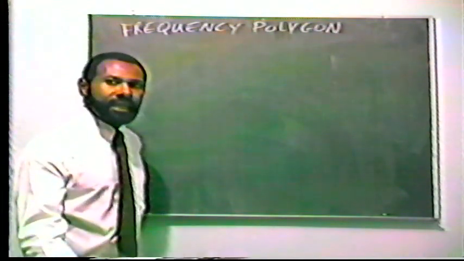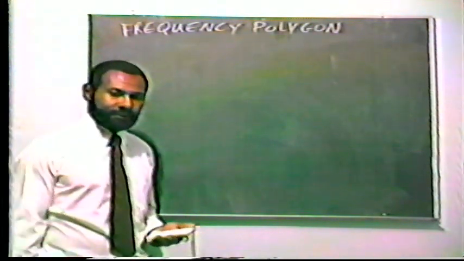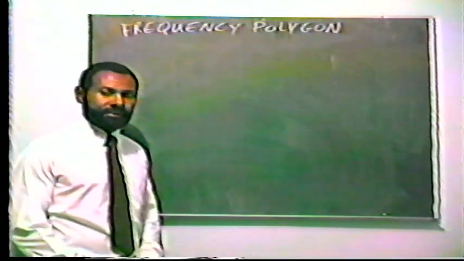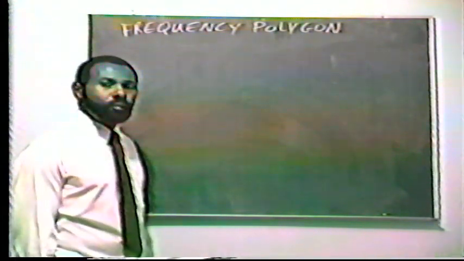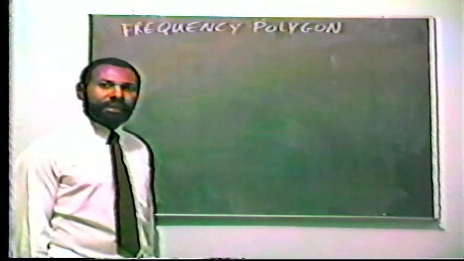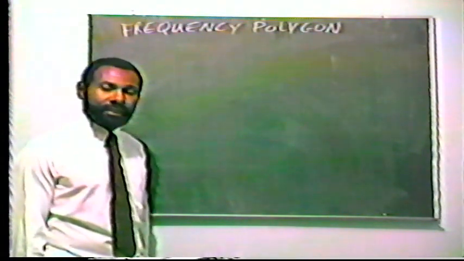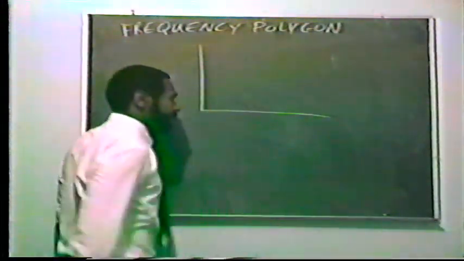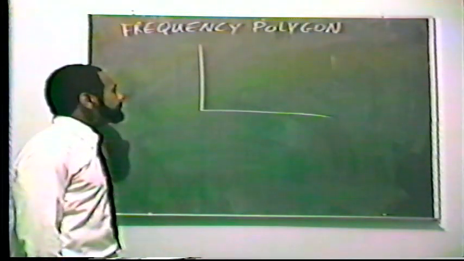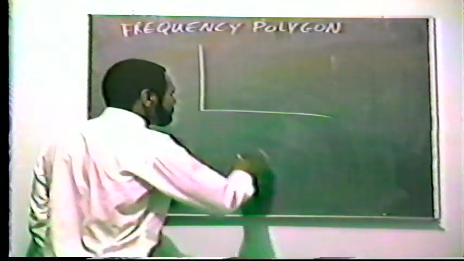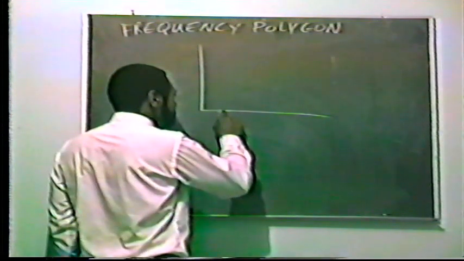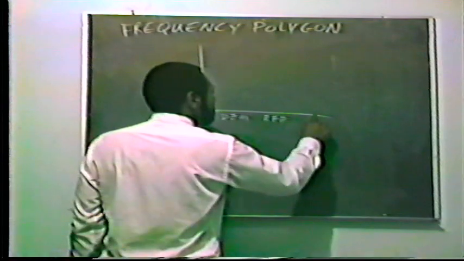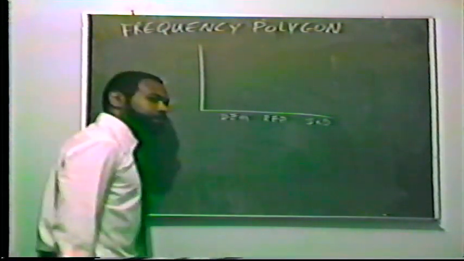Now, let's take the same data set that we just talked about, and let's see if we can draw a frequency polygon. First of all, we draw a vertical axis and a horizontal axis. And then on the horizontal axis, we would put Democrat, Republican, Independent, just like we did before.